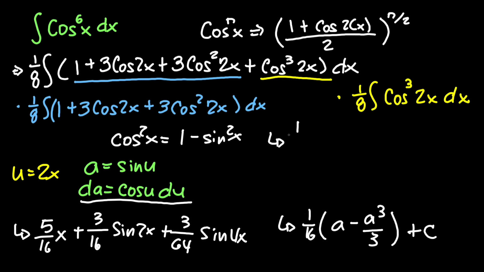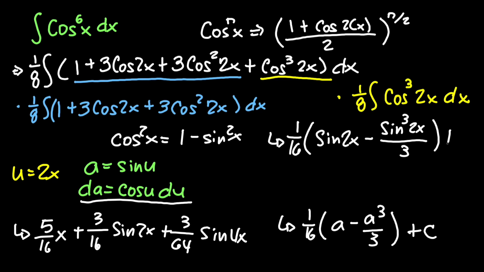Substitute a back into its original form. So a here is sine of u, and u here is 2x, minus sine cube of 2x over 3 plus c.